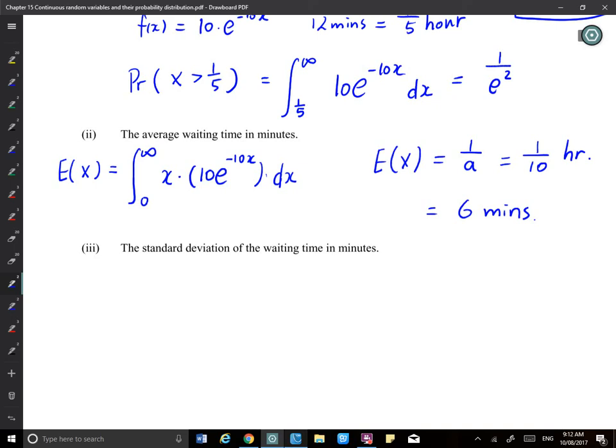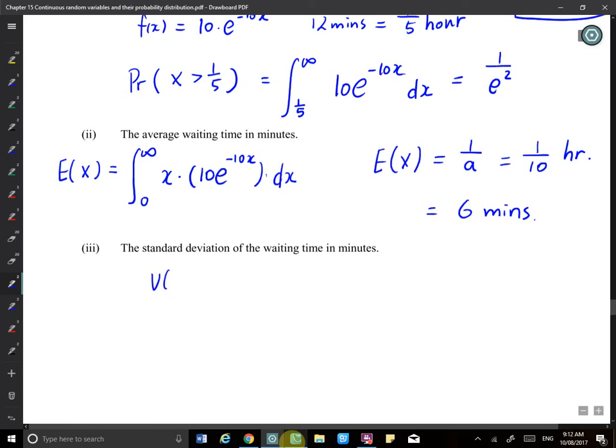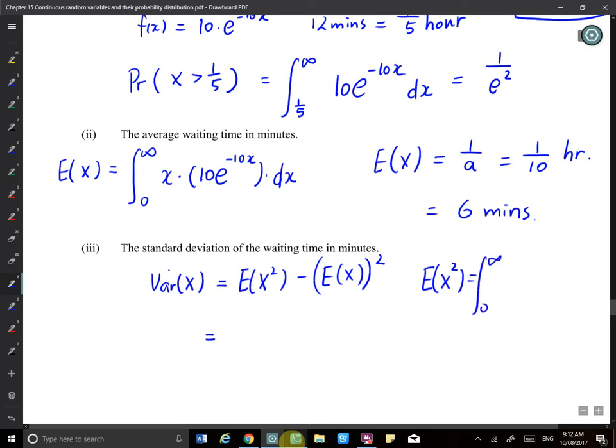Number 3, asking for standard deviation. We can never calculate standard deviation directly. We always need to calculate the variance of x, which is expected x squared, subtract expected x, and then squared. Normally we need to calculate expected x squared by using 0 to infinity x squared times 10e to the minus 10x dx.